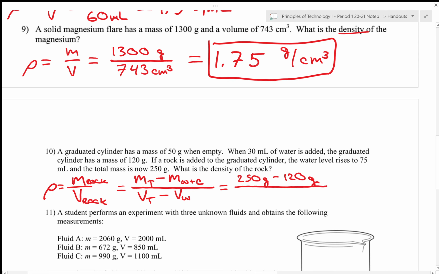We're going to divide that by the total volume, which is 75 milliliters, minus the volume of the water, which is 30 milliliters. This gives us 130 grams on the top divided by 45 milliliters on the bottom. 130 divided by 45 gives you 2.89 grams per milliliter.